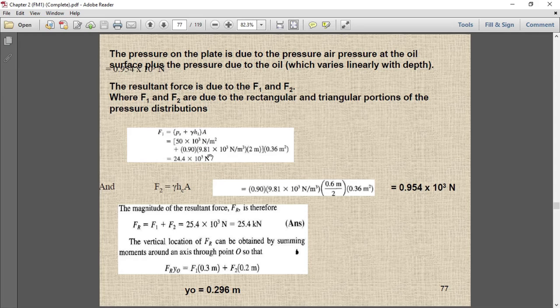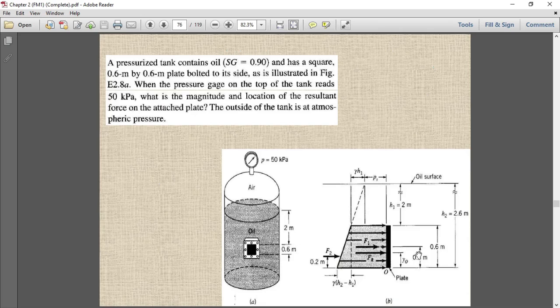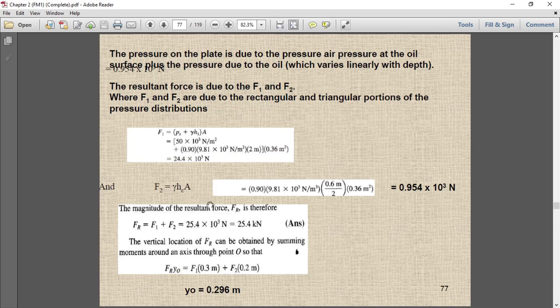Second, F2 will be equal to gamma HC A. This is the varying pressure distribution, and F2 will be equal to gamma, the density of the fluid, into HC into A. What is HC?